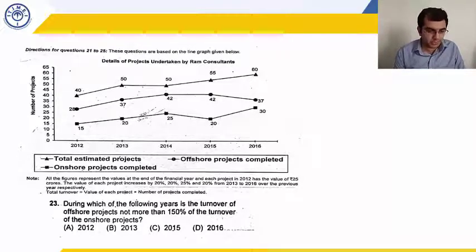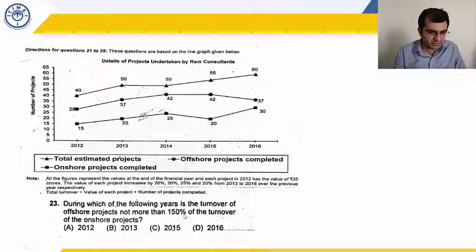Okay, so once again, we are comparing turnovers. Turnover is value of project into number of projects, but the value of the project in a particular year is going to remain the same. So if we simply compare the number of projects completed, that is sufficient. So what do we need to compare?